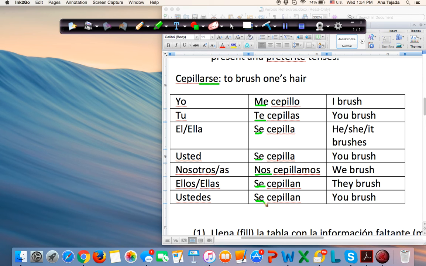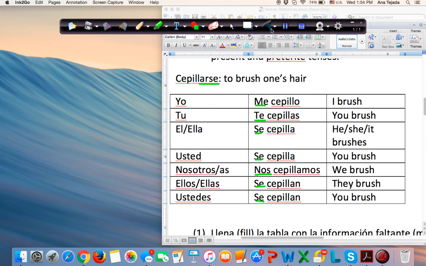So the forms él, ella, usted, ellos, ellas, ustedes are going to share the same reflexive pronoun as the infinitive form. I brush myself, even though it's not going to translate as I brush myself, that's what it means, that you do it to yourself. You brush yourself, he, she brushes him or herself, you brush yourself, we brush ourselves.